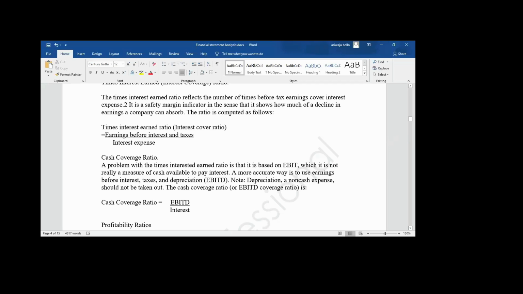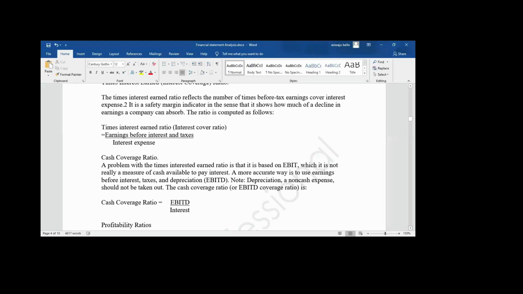You can calculate your cash coverage ratio. In this case, you are going to use earnings before interest, tax, depreciation, and amortization. Depreciation is a non-cash flow, so add it back.